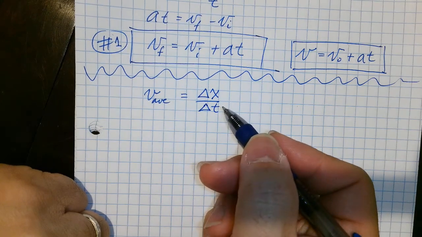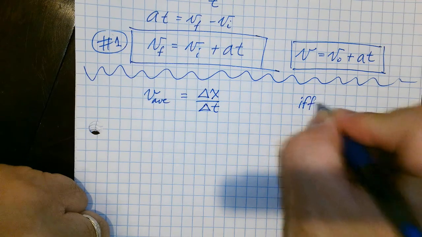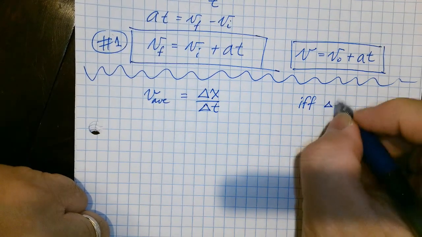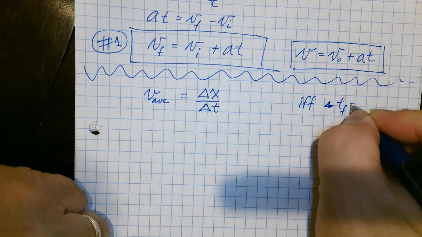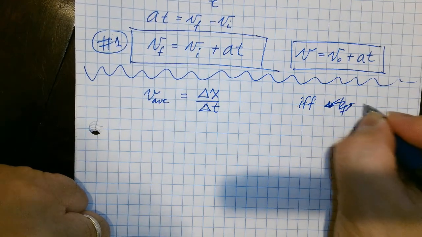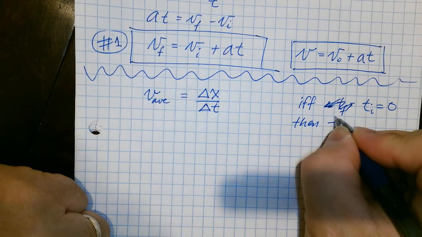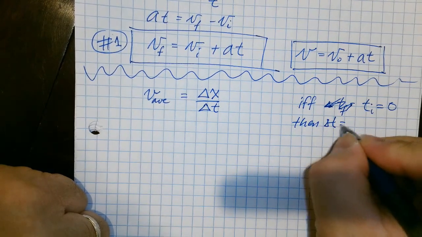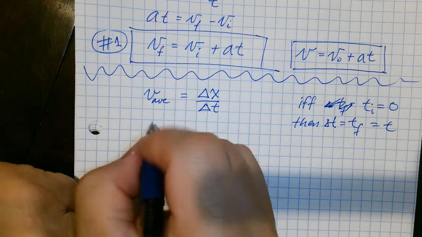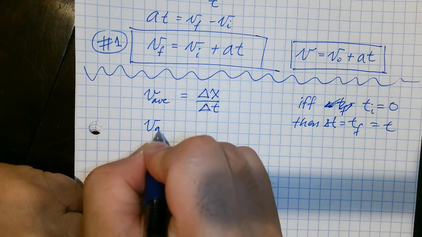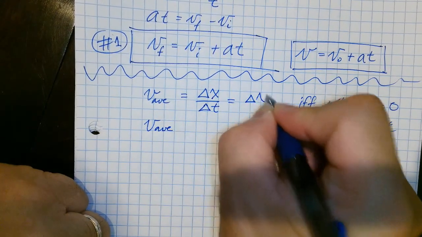Again, if and only if t final is equal to, t initial is equal to 0, then delta t is equal to t final, which is just t. Then I can say average velocity is equal to delta x over t.